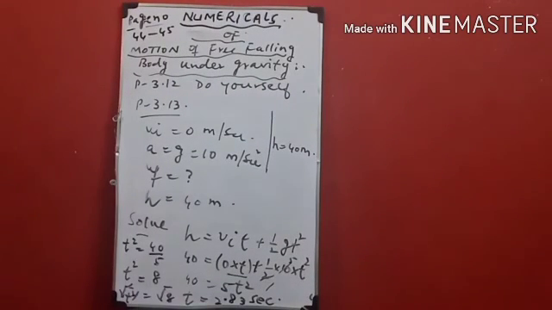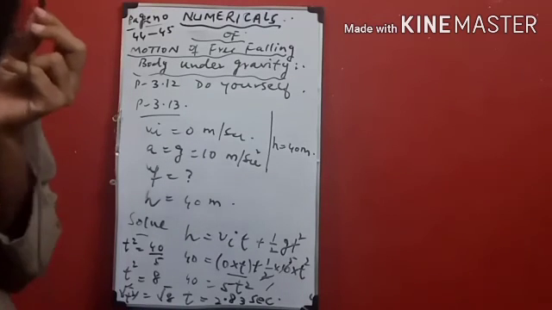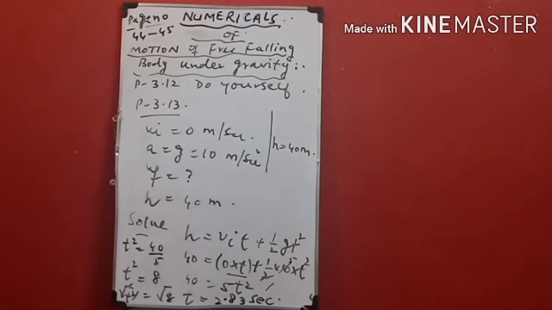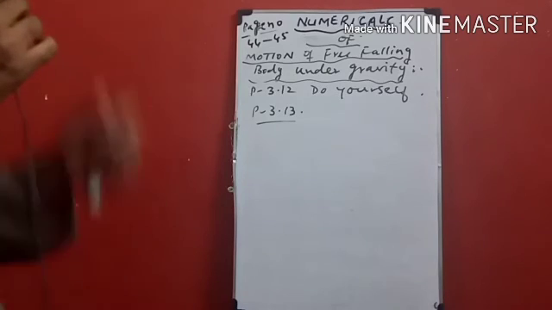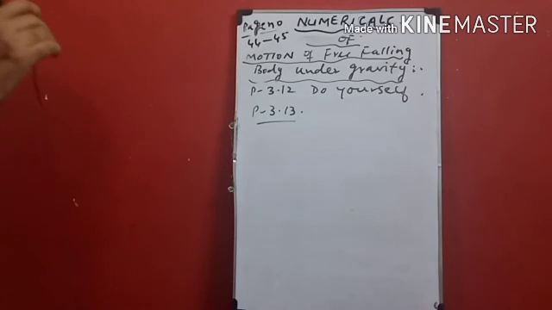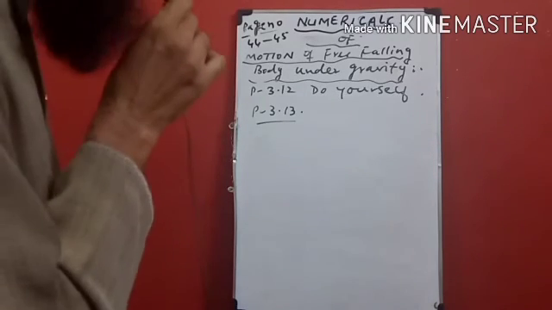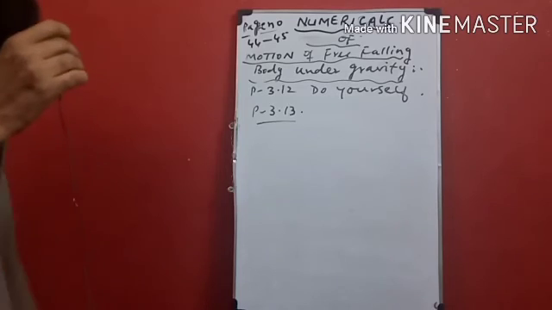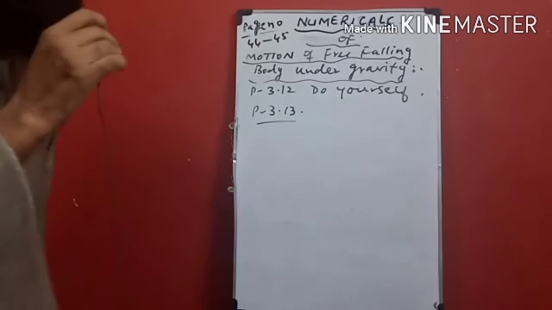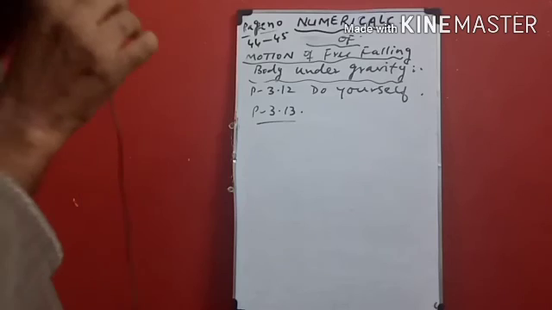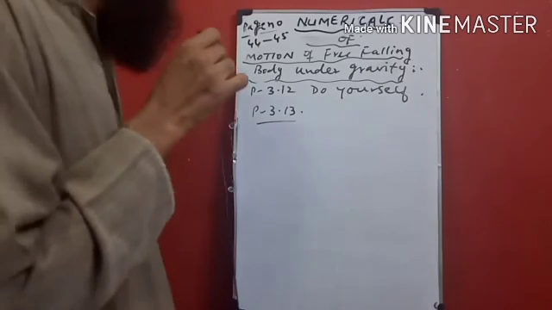But the second part of the question asks at what speed the body comes and strikes the ground. That means we find the final velocity. In the first part of the question, the initial velocity of the body is Vi is 0, because it fell from a height. a is equal to g, taken as positive because the body comes from a height towards the ground.